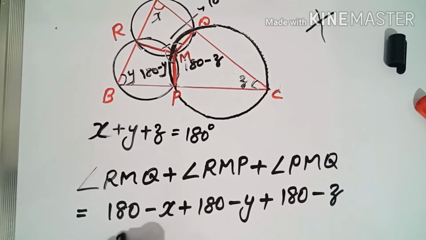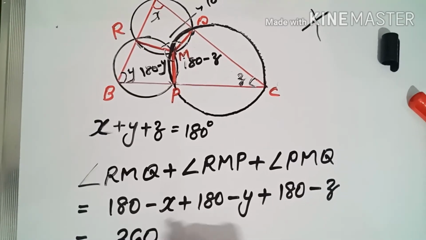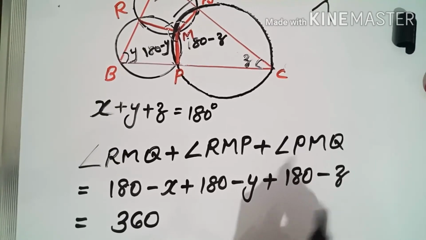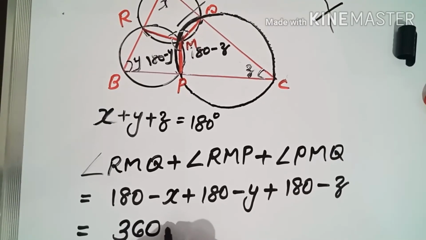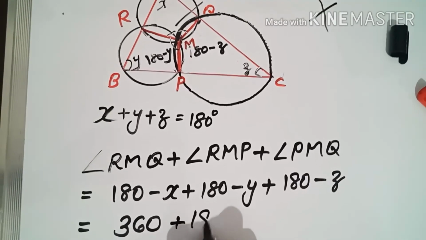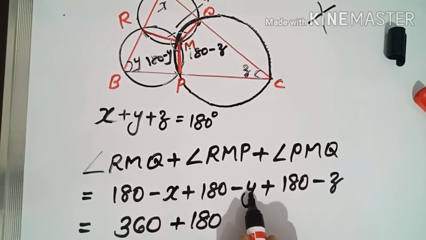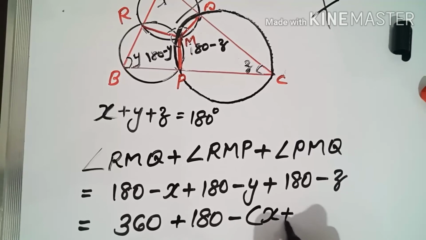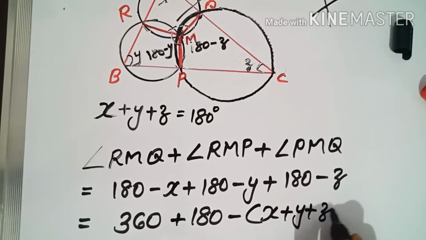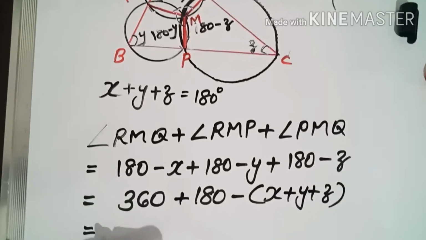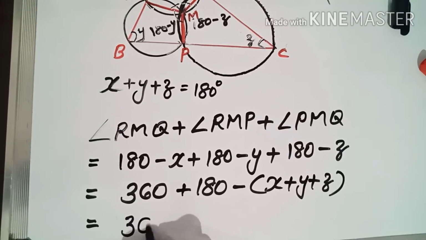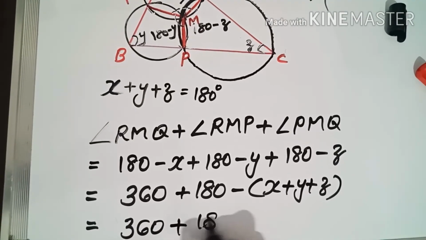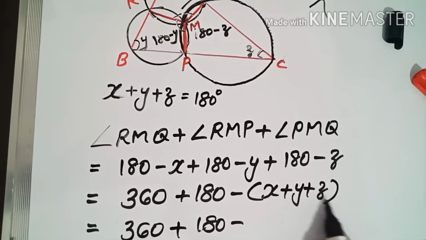180 plus 180, that is 360. Let's keep 180 here, that we need, plus 180. Here minus x minus y minus z, taking minus common, x plus y plus z. Now this is equal to 360 plus 180 minus (x plus y plus z).